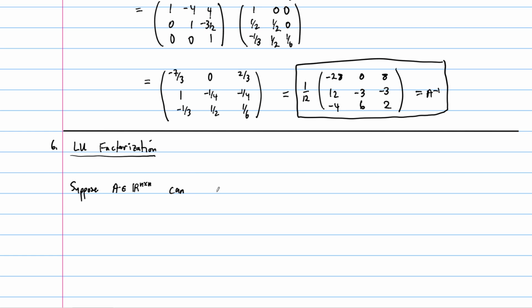So suppose this can be transformed not only by elementary row operations, but only by type 3, so by type 3 row operations only, into an upper triangular matrix U.